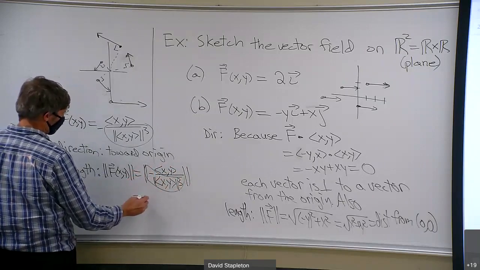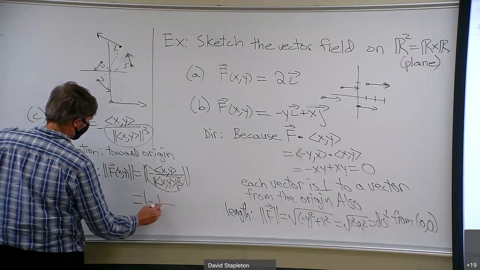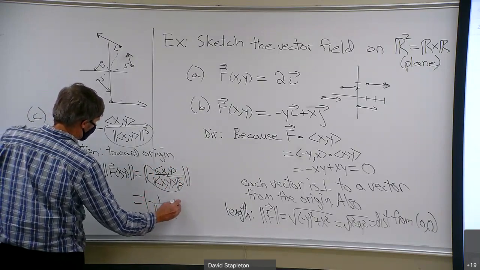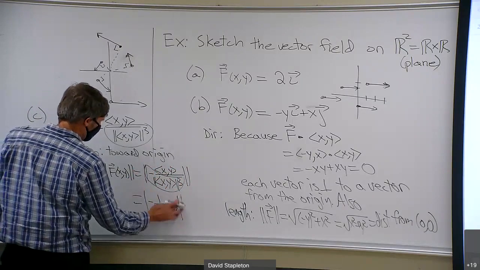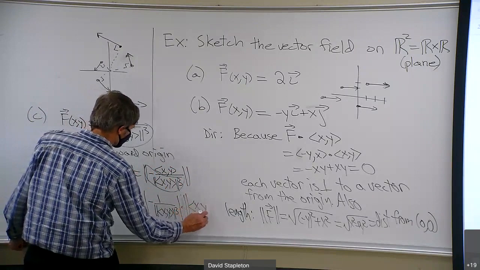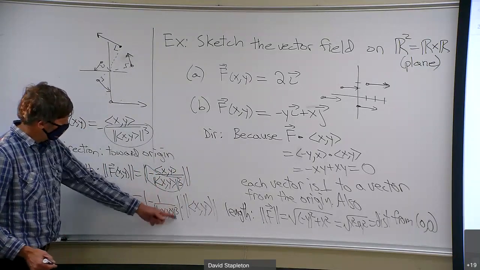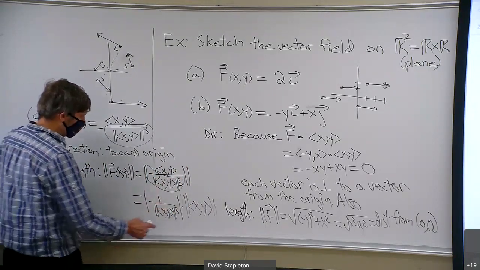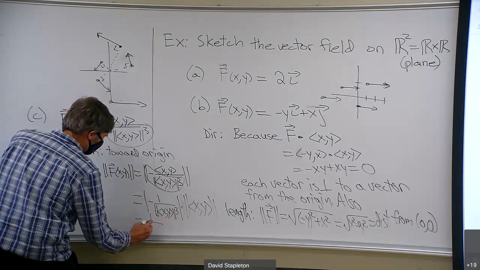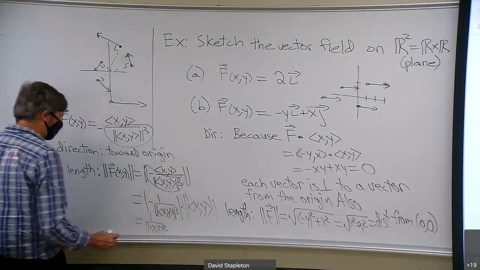And if you have a number times a vector, its length is the absolute value of the number times the length of the vector x, y. So with the absolute value, the minus can go away. Times the length of x, y, so the length is actually 1 over length squared.